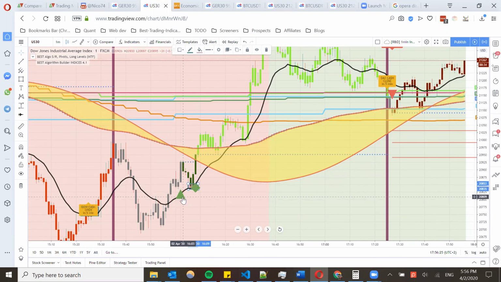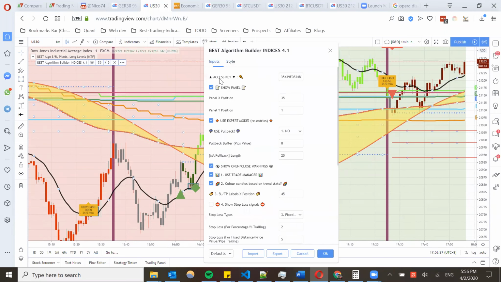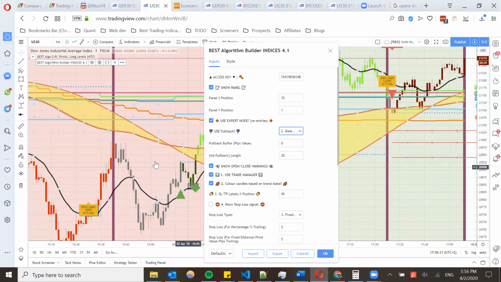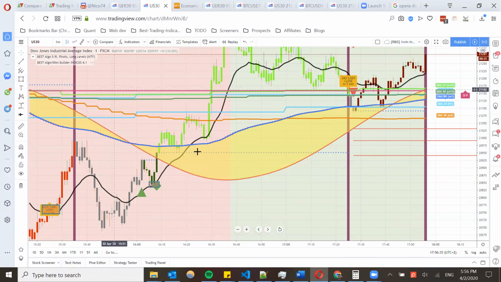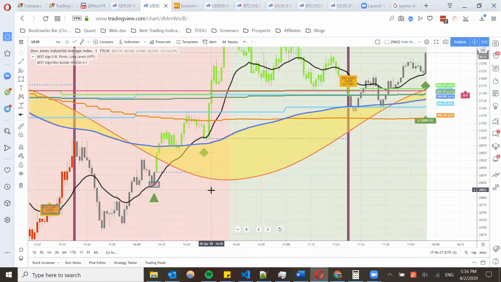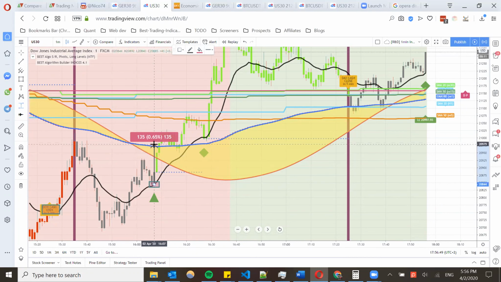So let's see if I can simulate the pullback. It's loading. Okay, and then it depends on your goal, but let's assume you enter here and then you take some profit here.